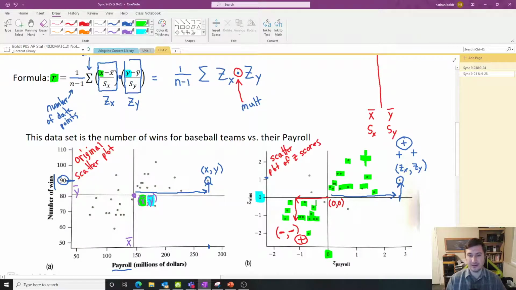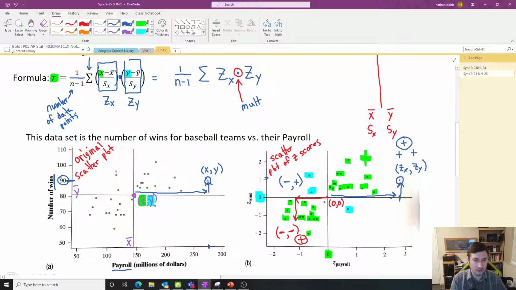They're all positive numbers. Now my other ones, my leftover ones, these ones here, and this one over here, are going to give me negative numbers. Why are they going to give me negative numbers? Well, these points in the top left have a negative payroll z-score and a positive win rate.